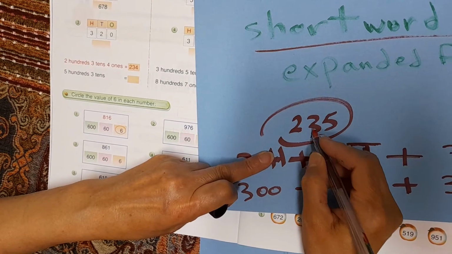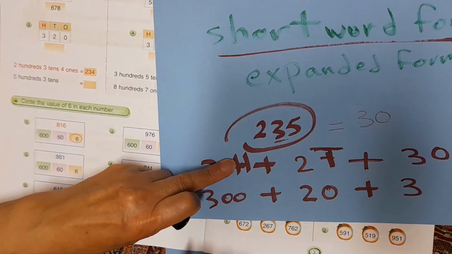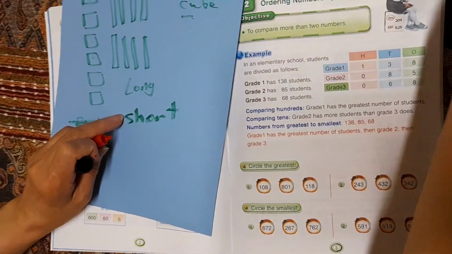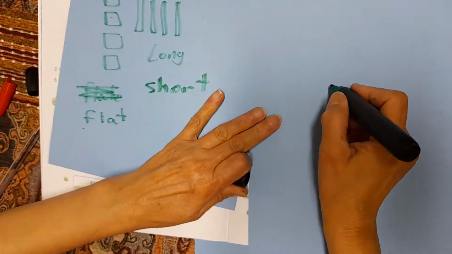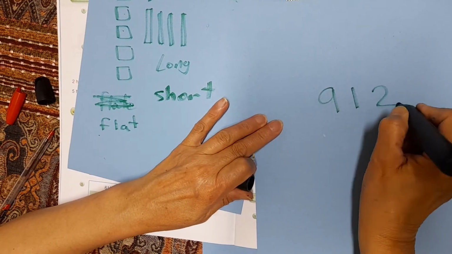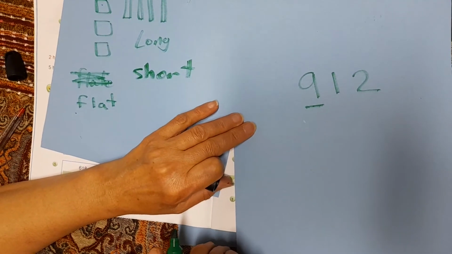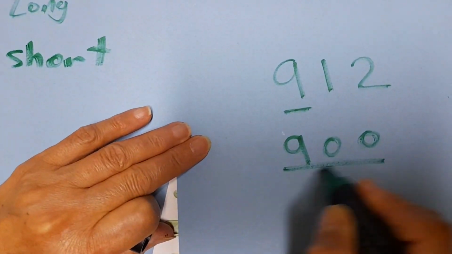You will say the 3 is in the tens, so the value of it is 30. For example, if they give us a number like that, 900, and they underline the 9. What is the value of the 9? The 9 is in the 100, so the value of it is 900.